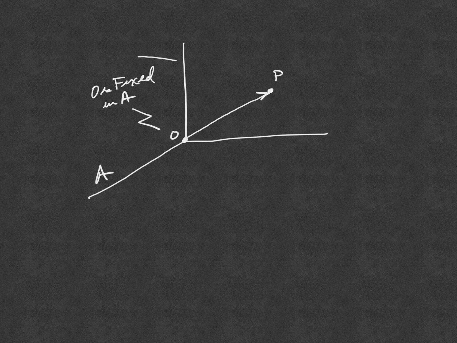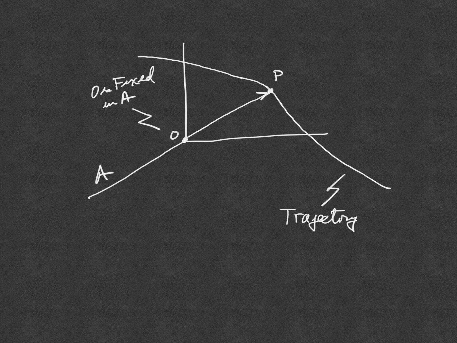So here's the curve that it traces out. And that curve is the path of the particle. So this is the trajectory, or the path of the particle relative to A.